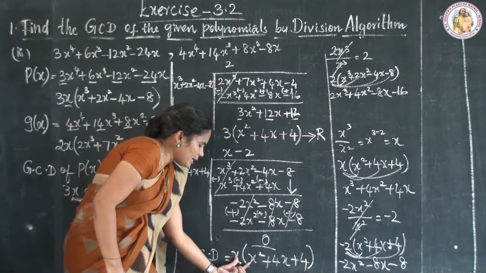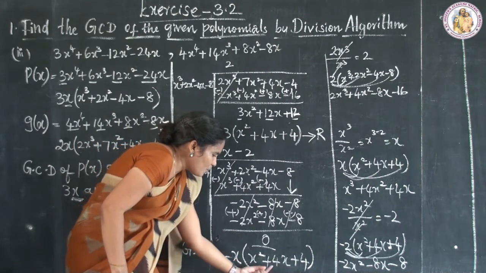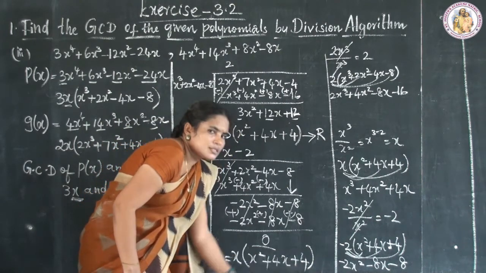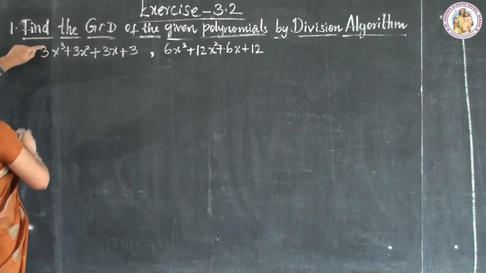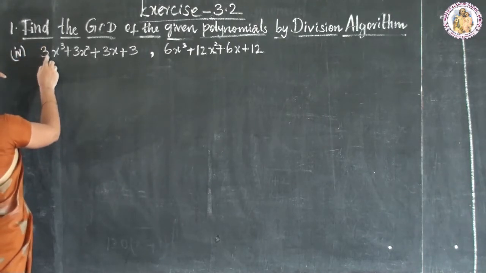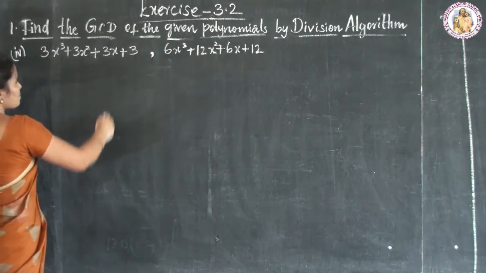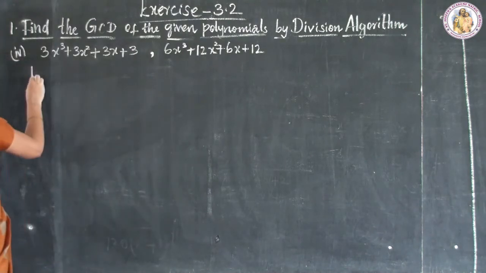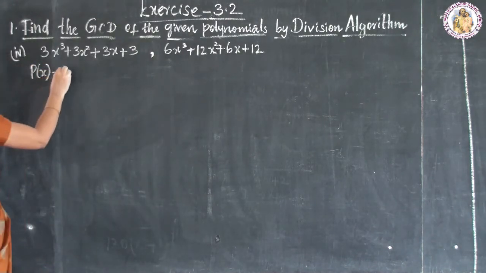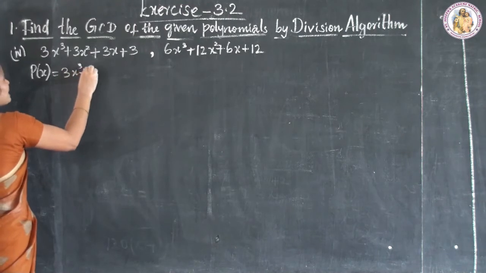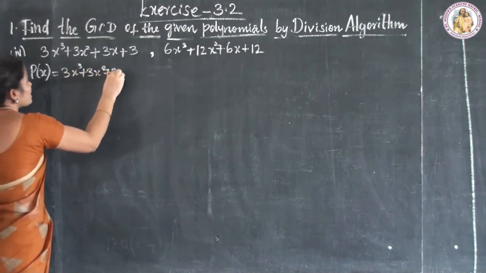Even you can multiply as x cube and 4x square and 4x. Question number 4. Here we have 3x cube plus 3x square plus 3x plus 3. Taking this as p of x is equal to 3x cube plus 3x square plus 3x plus 3.